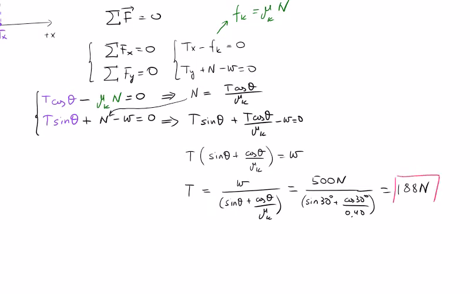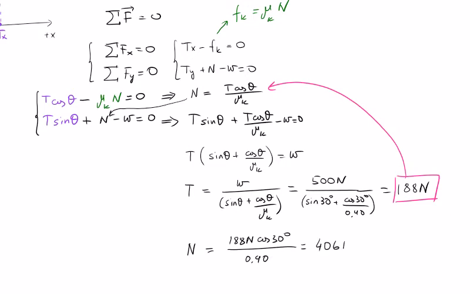for tension. Now let's plug this back into our equation for the normal force and get the normal force as well. That equals 188 newtons times cosine 30 degrees divided by 0.40, and we get 406 newtons.